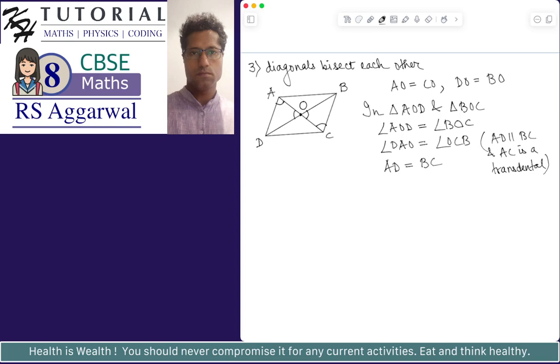We just know that ABCD is a parallelogram, and from the basic properties of a parallelogram, we need to prove that the diagonals bisect each other. Even though we know that the pair of opposite sides are equal, that is AD will be equal to BC, I think we cannot assume that. Based on pure properties of a parallelogram, we have to proceed.